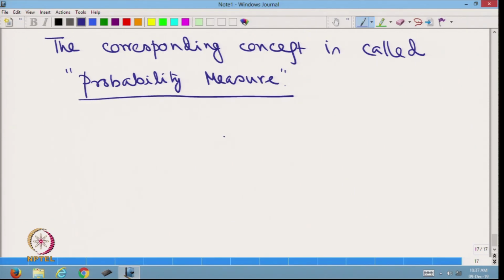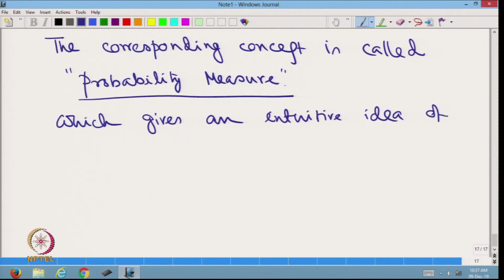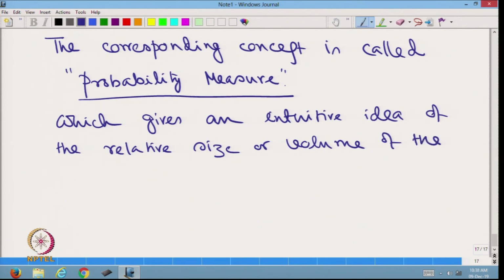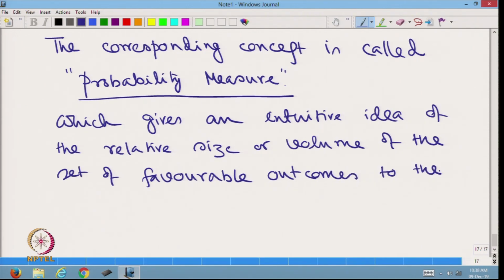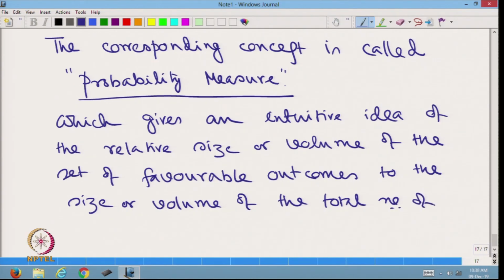Say for example, measure can be something that gives an idea of the relative size or volume of the set of favorable outcomes divided by the size or volume of the total outcomes.